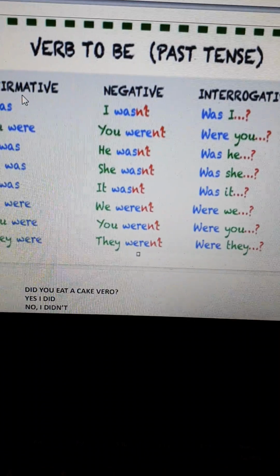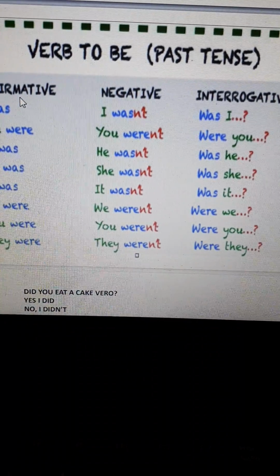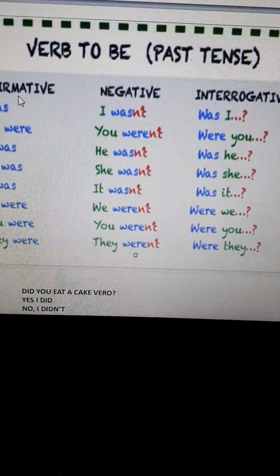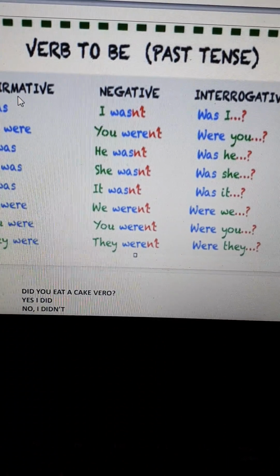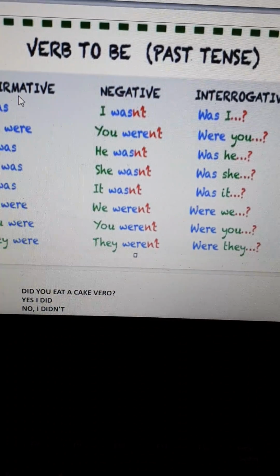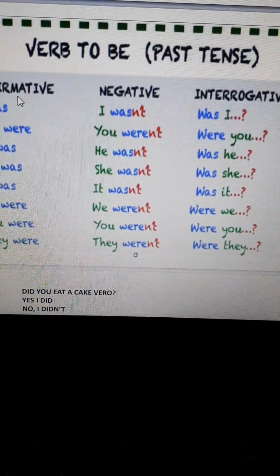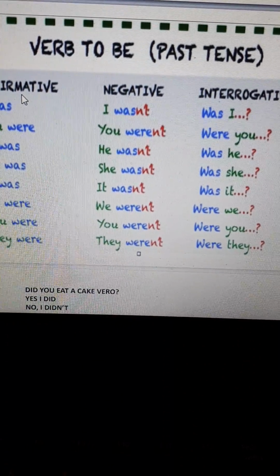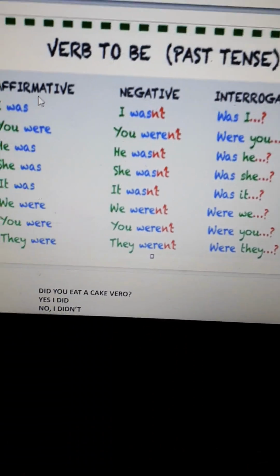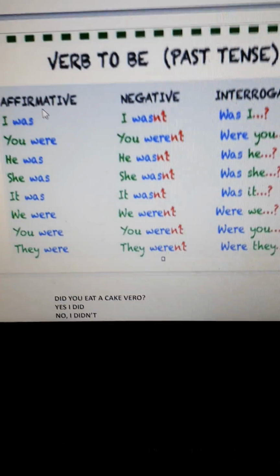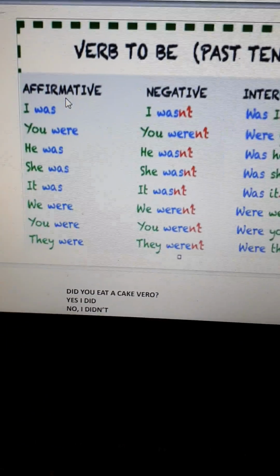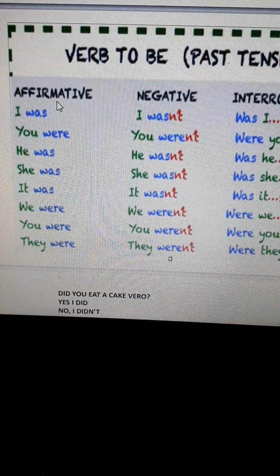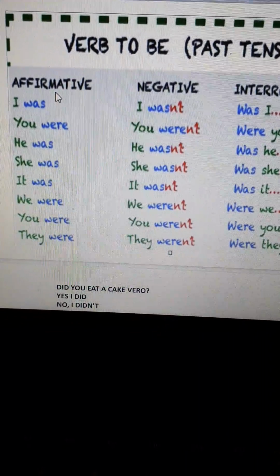And for a question, remember that the question always begins with the auxiliary. If you're working with the verb to be, it comes was first and then the pronoun and then the complement, or were for plural and then the pronoun and then the complement. So please remember that the verb to be is different, has its own way to do the negative form, the positive form, and the question.